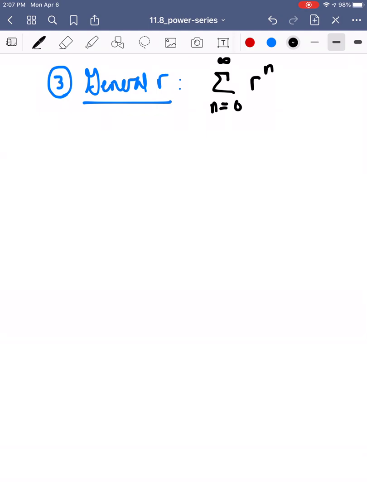Again, our a here is equal to 1. Our r, as silly as it sounds, is equal to r. And we know if this converges, what it converges to. It converges to a, which is 1, over 1 minus r.